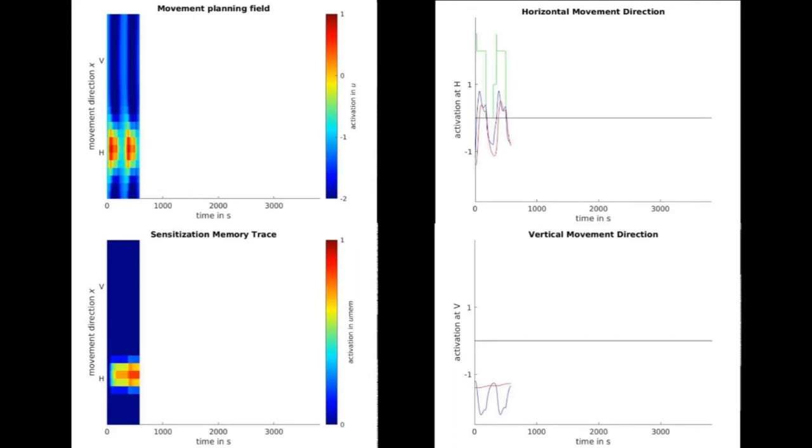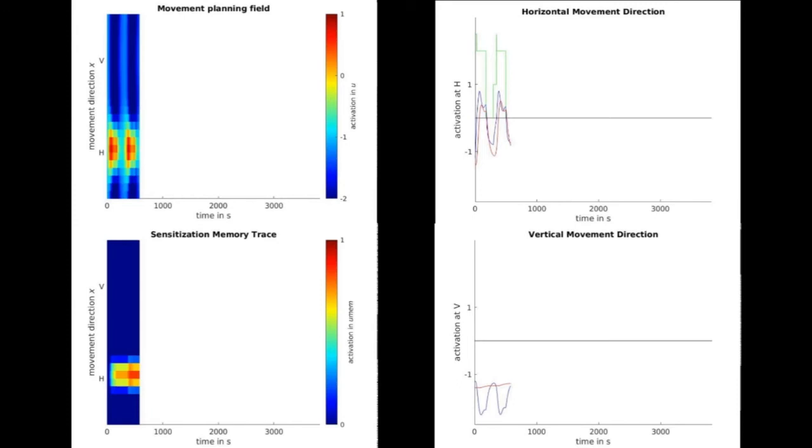On the left-hand side, we have the movement planning field and its memory trace, where the time is on the x-axis and the movement direction on the y-axis. And on the right-hand side, we can see cuts through these surfaces at the horizontal and vertical movement direction we are interested in. On the right-hand side, we are not only seeing the movement planning field in blue, but also the arbitration field in red and the inputs in green.